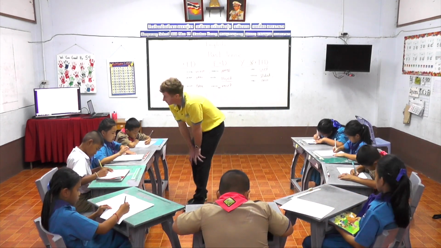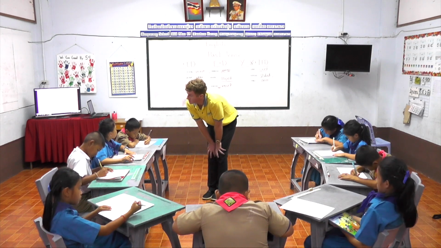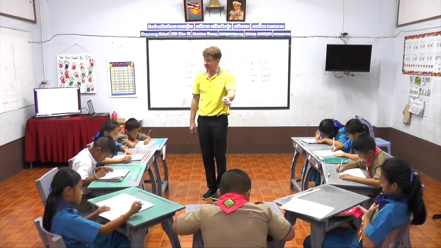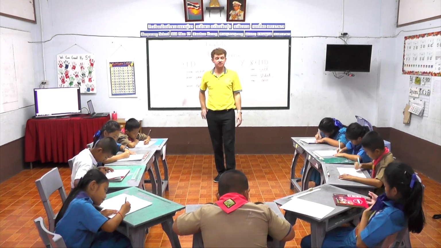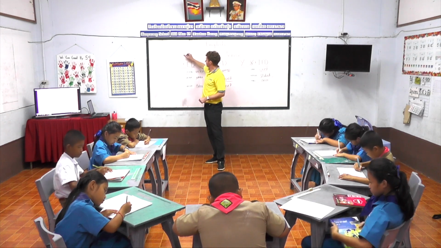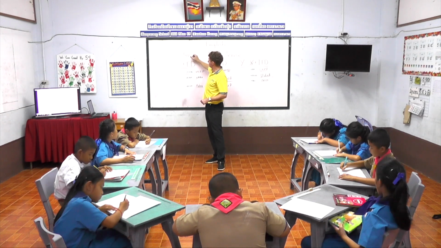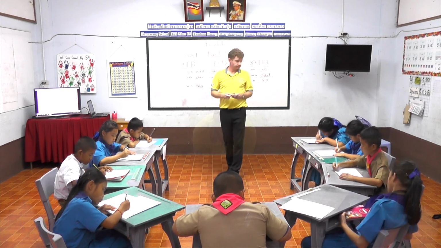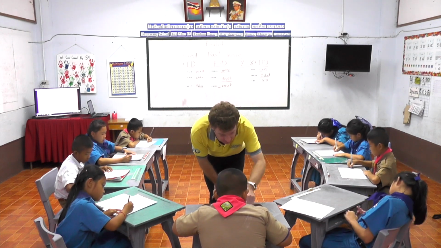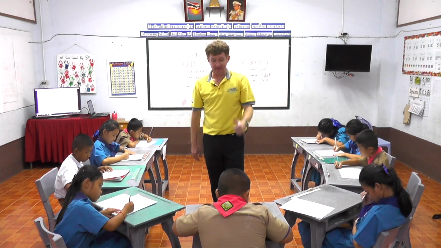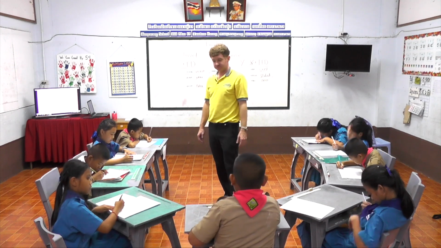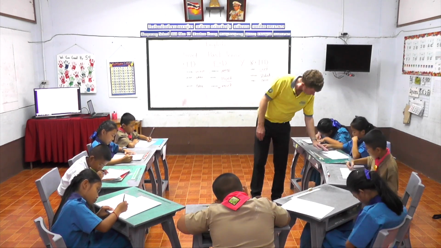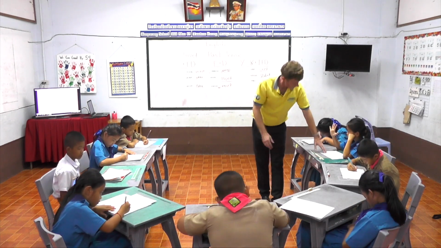Okay, buzz. Buzz, buzzed. We add E-D. B, U, double consonant, E-D, buzzed. Excellent, Net, well done. We delete Y, I-E-D. Well done. Perfect. Excellent, Preu.